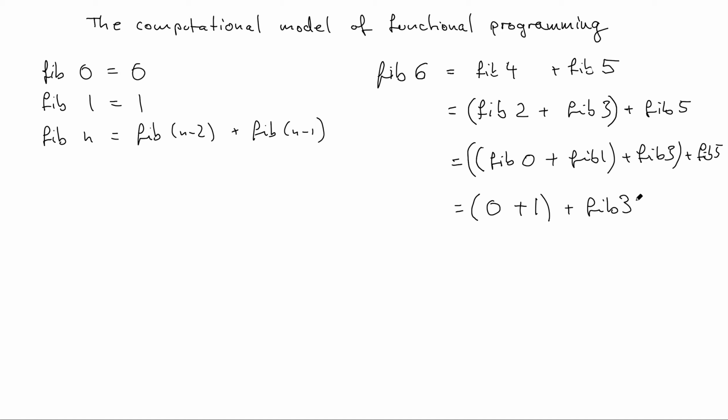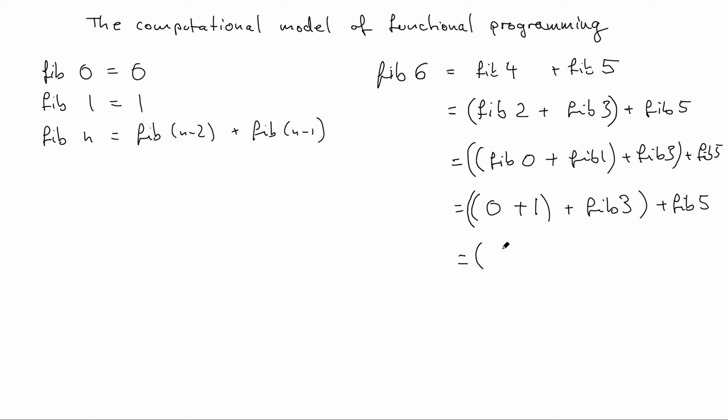If I was really pedantic, maybe I should break this up into two lines. And now again something new happens. We use the arithmetic now. Now we don't apply any of the three equations, but we know how to compute 0 plus 1.